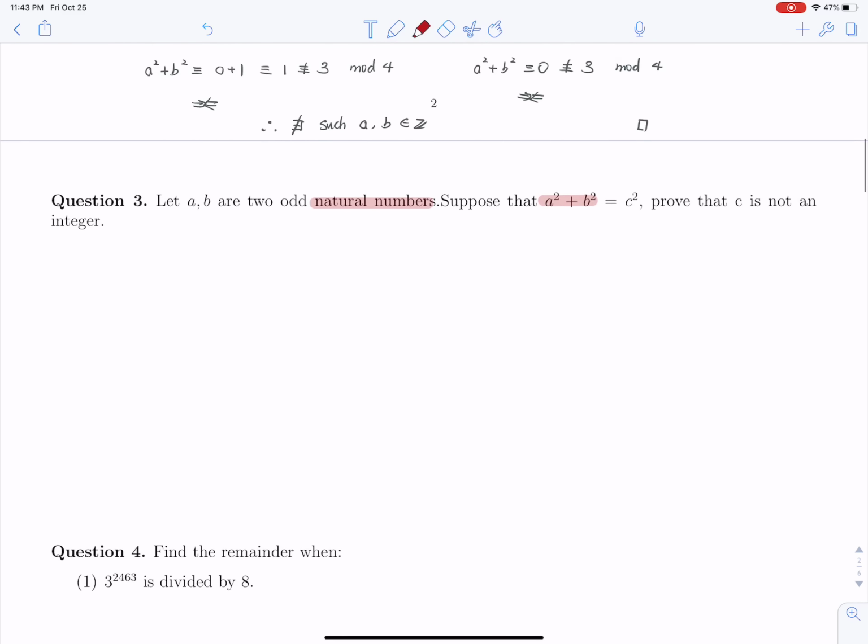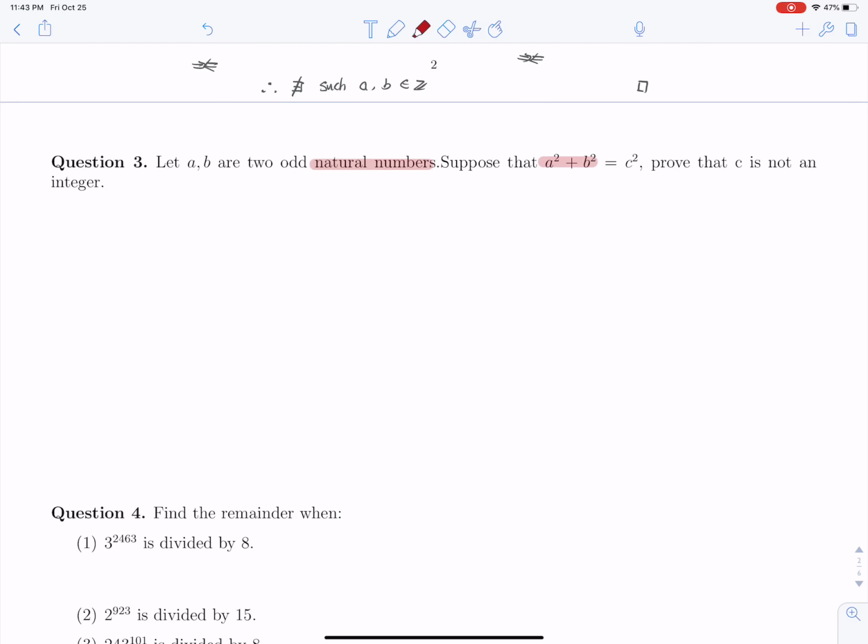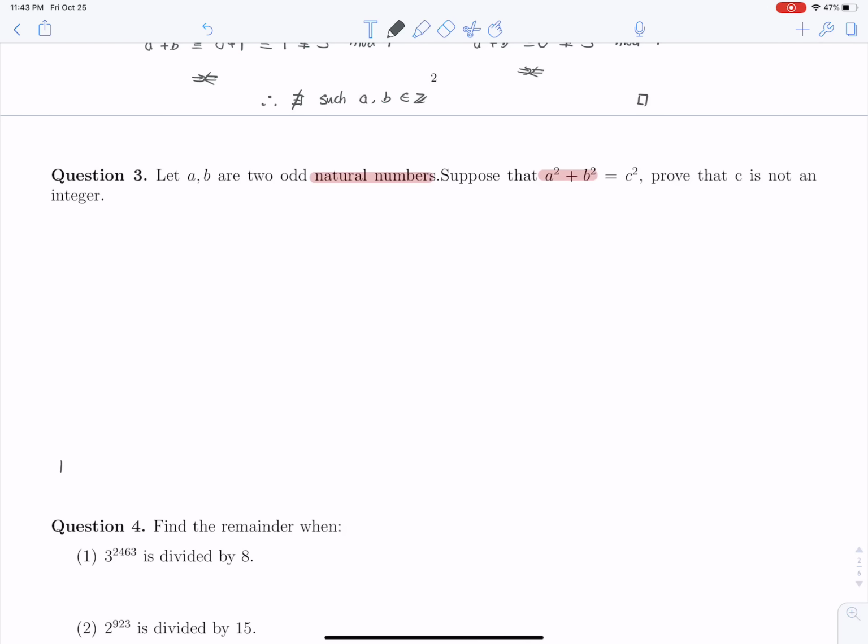So I'll write it down here as a remark: when we see x squared, mod 4 is quite useful.